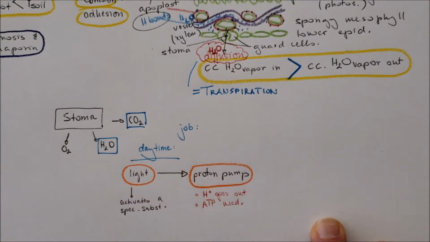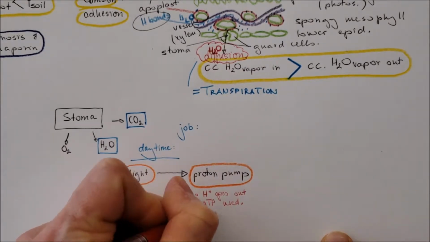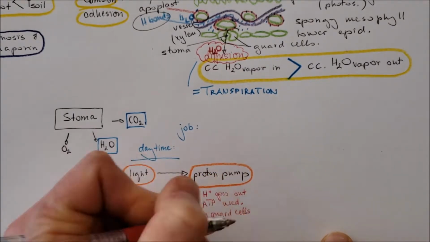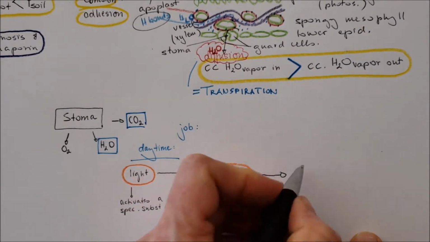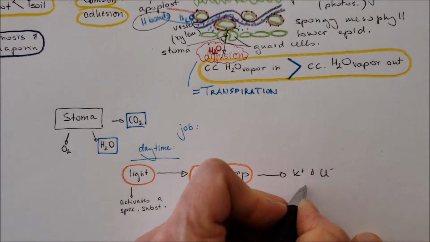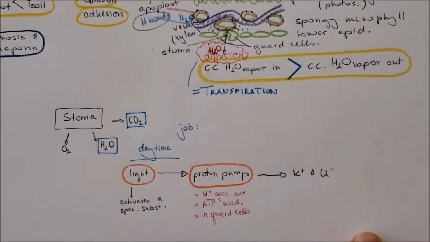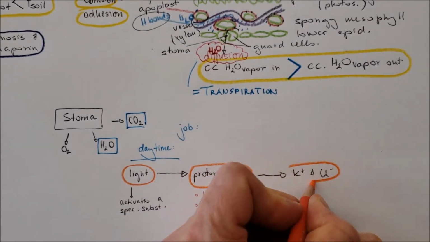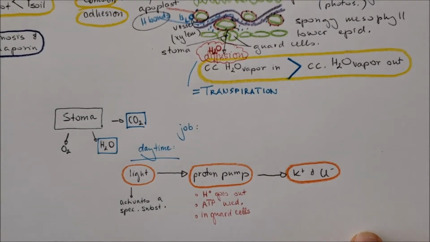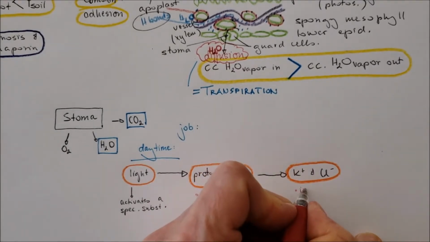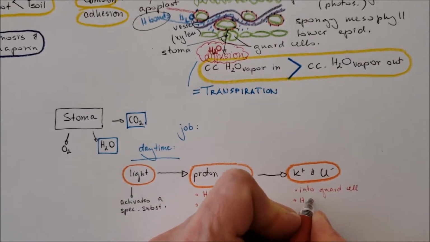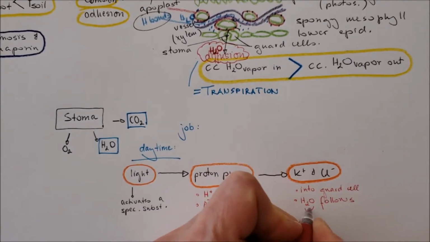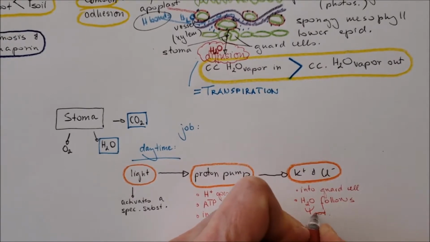No, it's outside of the cell, sorry, with the use of ATP, and it happens in the guard cells. The proton pump pushes out the hydrogen ion, but lets potassium and chloride ions get into the guard cells. And these ions also invite the water to get inside of the guard cells.